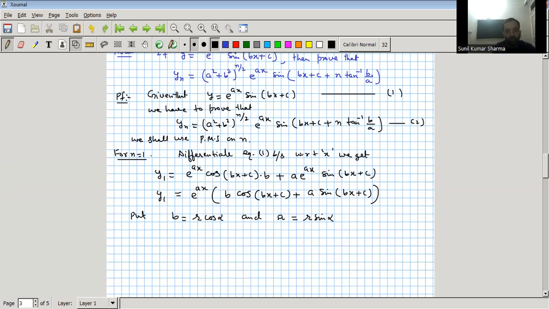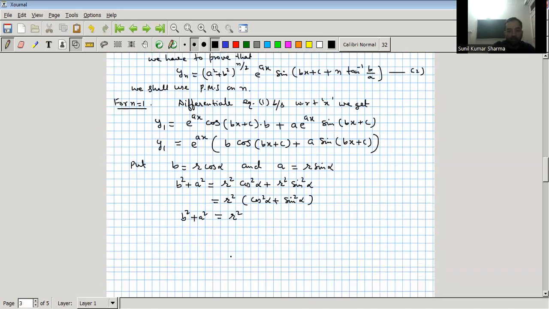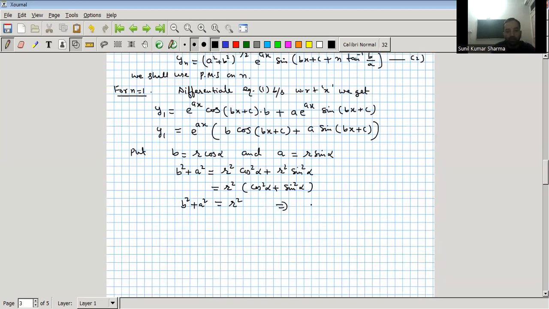Squaring and adding, we get b square plus a square is equal to r square cos square alpha plus r square sin square alpha, so that is equal to r square times cos square alpha plus sin square alpha, and that is equal to r square. So we get b square plus a square equals r square, or this implies r is equal to a square plus b square to the power 1 by 2.